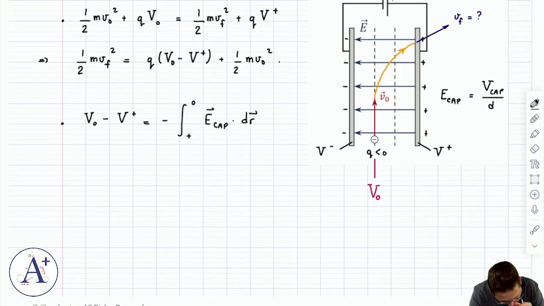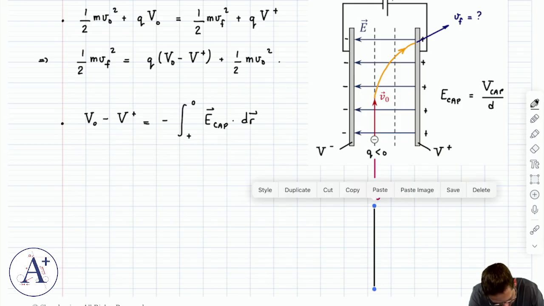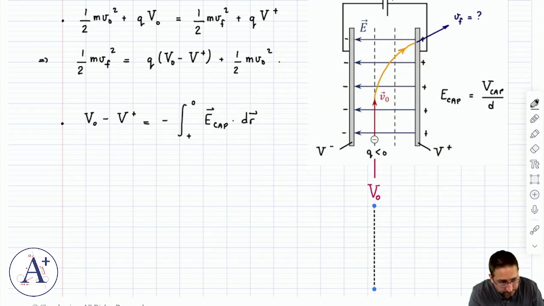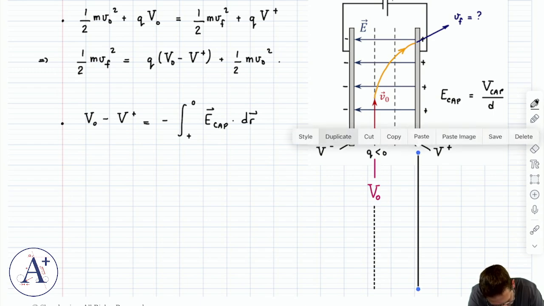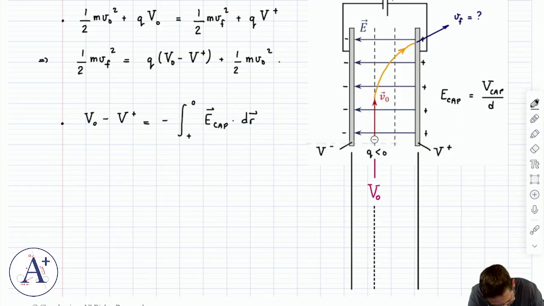Okay, so we got to be a little bit careful there. That's going to be between here and then this plate here. Okay, and so if this is the other plate on the left, first things first, my electric field points this way.